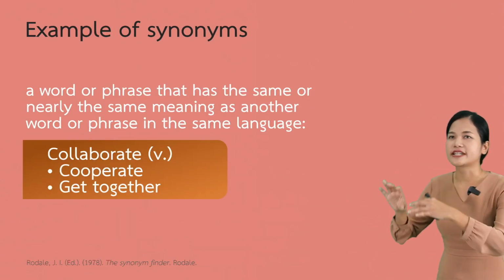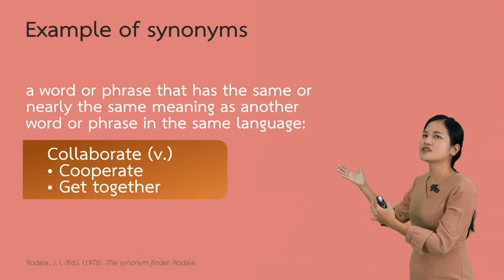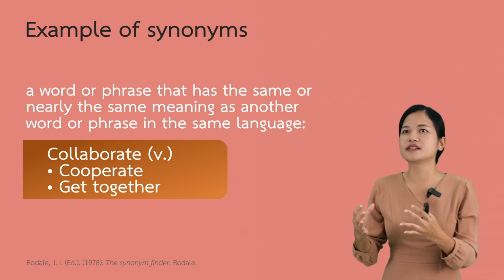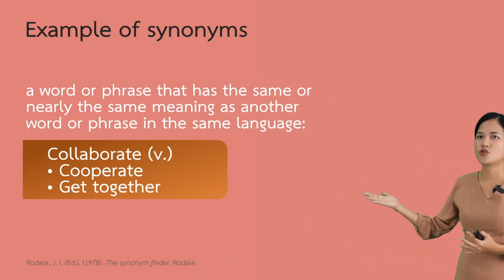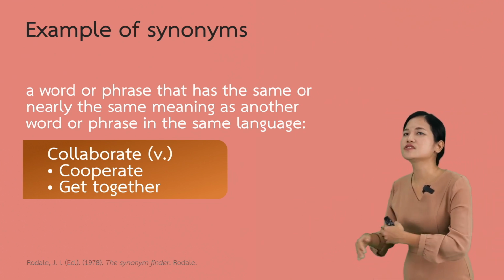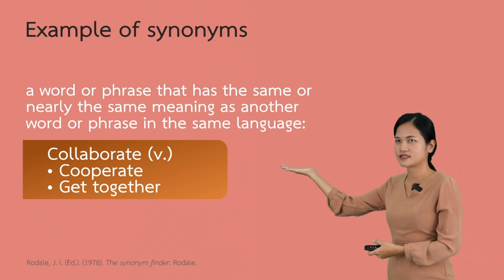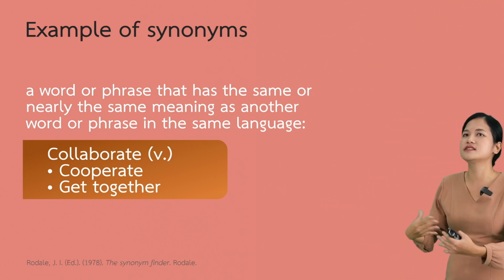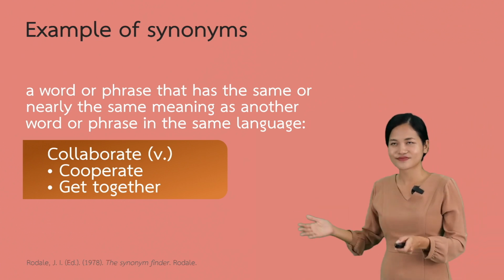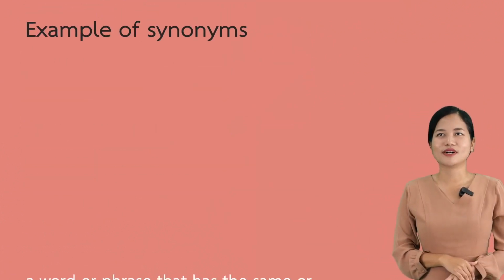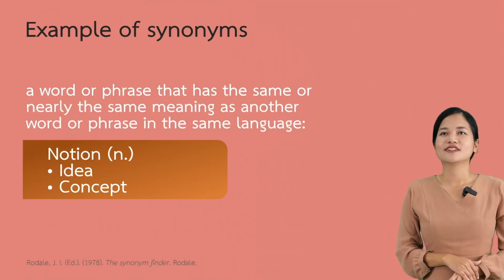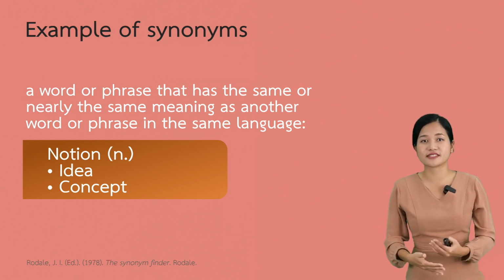The word collaborate, which is a verb, actually shares a similar meaning with cooperate or get together. So actually you can use the words get together instead of collaborate. So get together is a synonym of collaborate. Or how about this one? Notion. So actually notion is a noun.